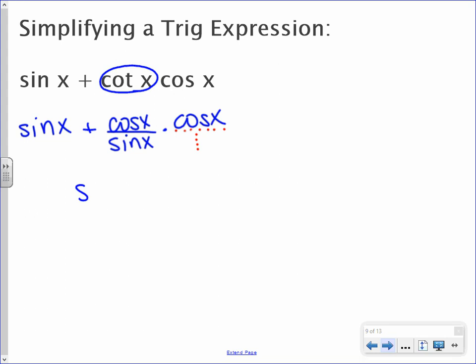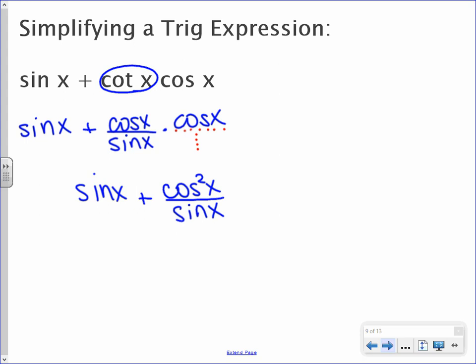So what we have is sine of x plus cosine squared x over sine of x. Well, that doesn't really look that much more simple than what we started with. We probably need to keep going.